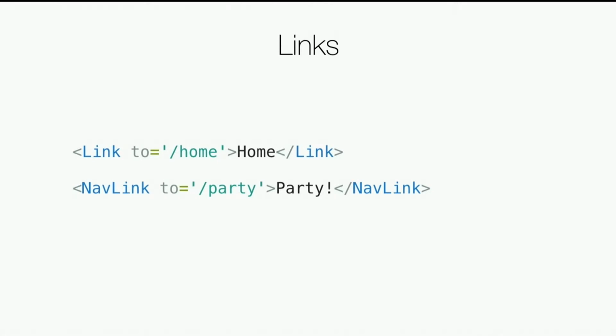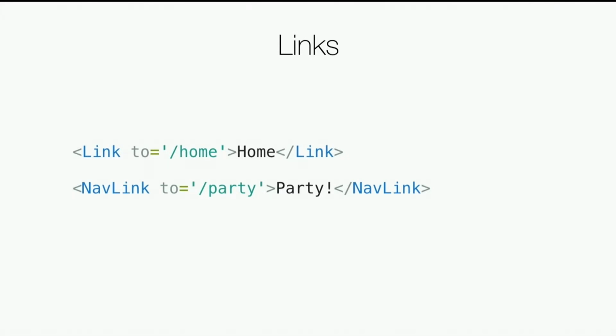So again, the domain name is assumed, and then it's going to be, in the case of the top one, just go to like /home. And just like an A tag, you can put text in between the opening and closing tag, and that's what will actually render on the page. So it actually renders as an A tag, but it's specifically a link so that it works within the context of the router.